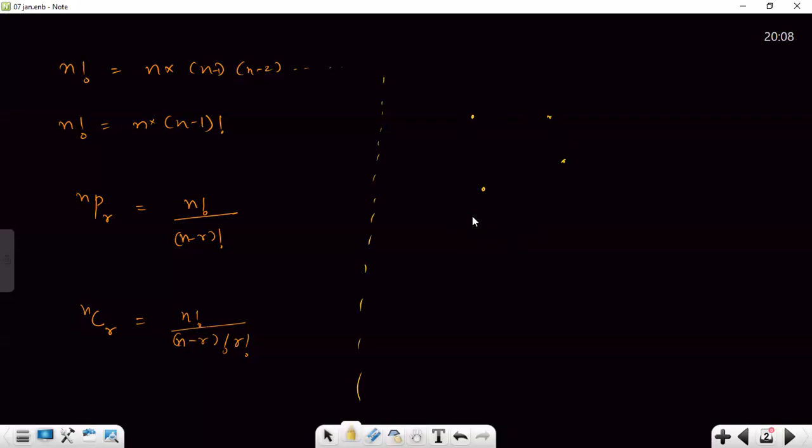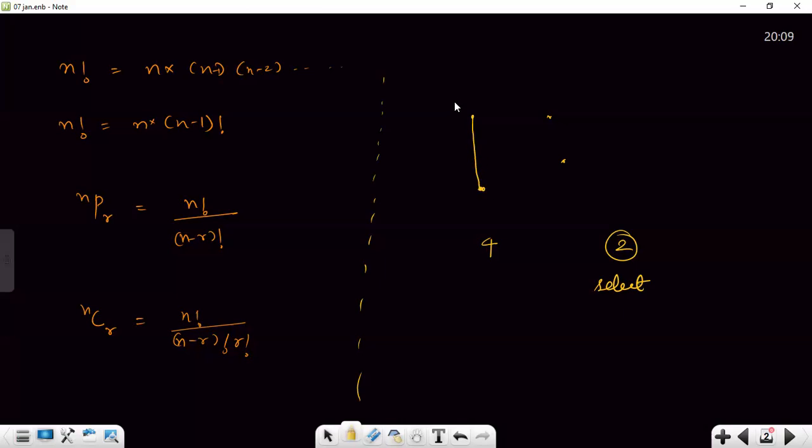Like how many straight lines can be made? For any straight line, we know 2 points are required. So if there are 4 points given, we'll have to select 2 points out of them. The number of ways in which we can do so will be the number of straight lines that we can make. If I select these 2 points, that's one method. So there will be one straight line.